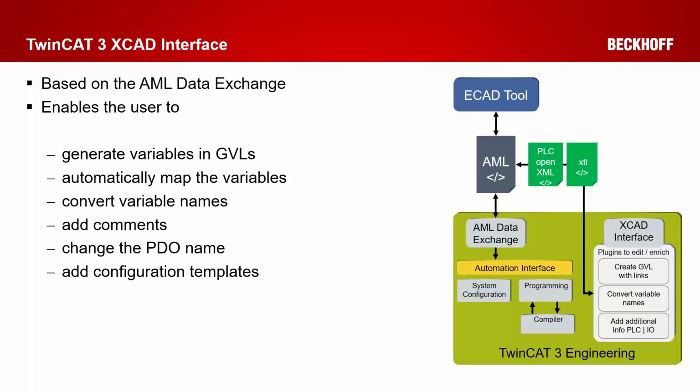And later, you can forward those XDI file to the electrical engineer, and the electrical designer then can simply edit in case it's necessary to the ECAD tool without having to know any details of the specific configuration. And during the import via the XCAD interface, it is then automatically added in TwinCAT.